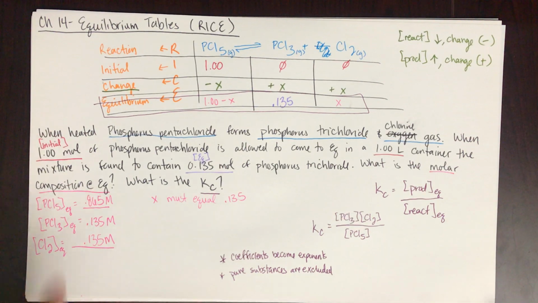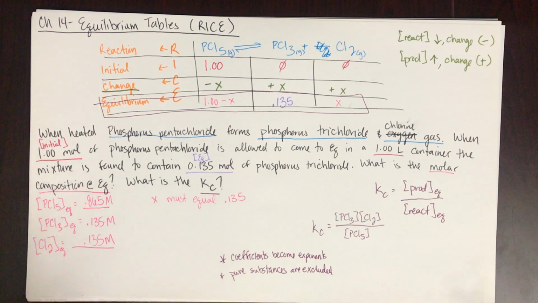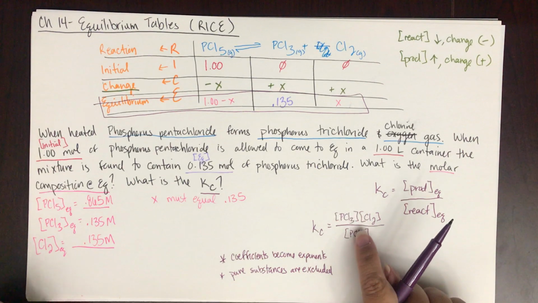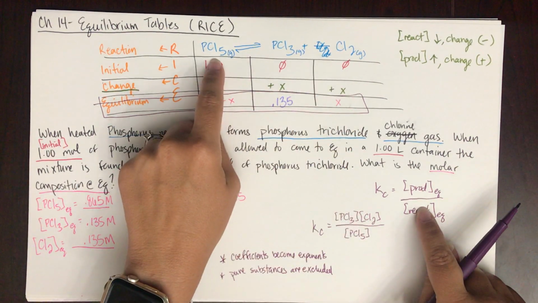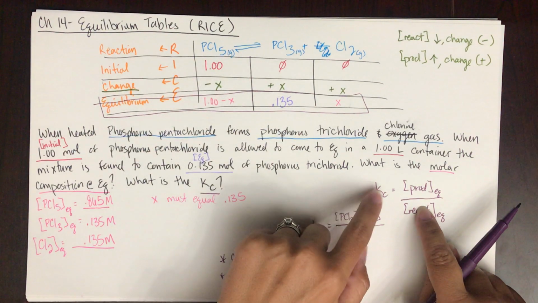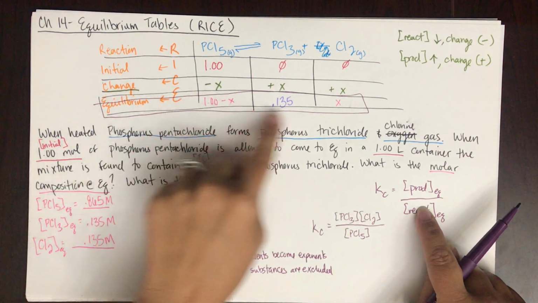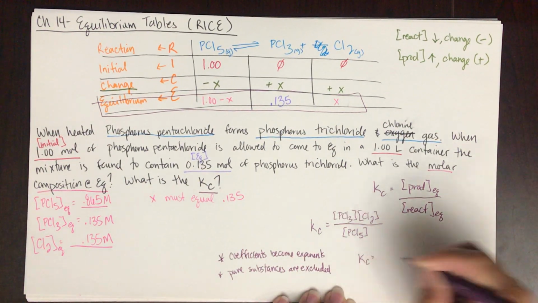I'm going to solve for that actual number by plugging in the equilibrium concentrations that I solved for. Again, it is very important that you understand the values that go in for the Kc are always the equilibrium concentrations, never the initial concentrations. Remember, Kc tells us the position of equilibrium, so we only want the concentrations at equilibrium. So I'll write this again.